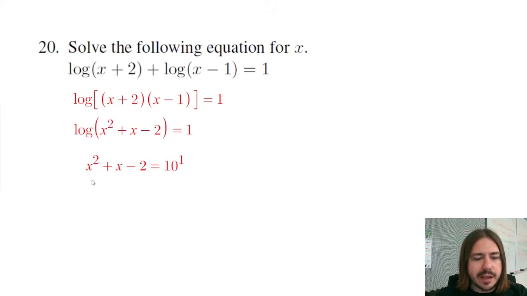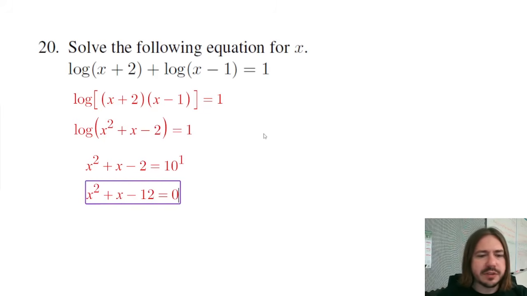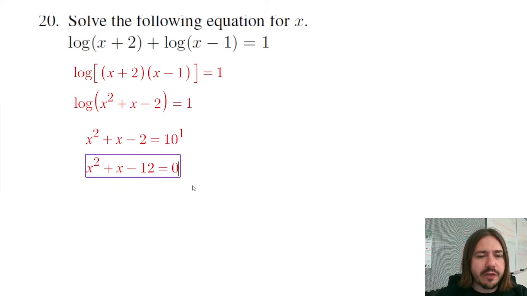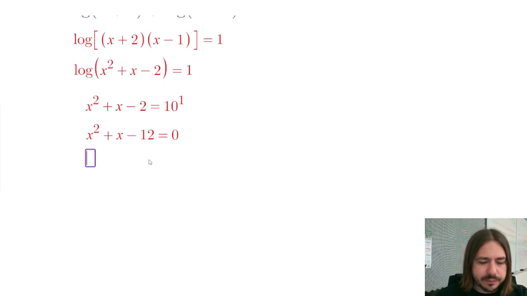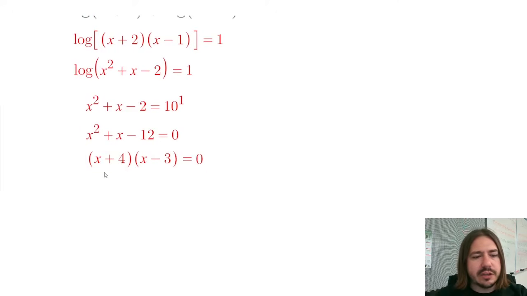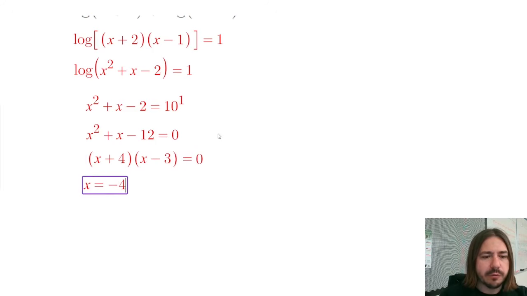So we'll subtract 10 on both sides, and that gives me x squared plus x minus 12 equals 0. And then we can solve this quadratic using factoring. This will factor as x plus 4 times x minus 3, and then we can set each of these factors equal to 0 and solve them independently, giving us x equals negative 4 and x equals 3.